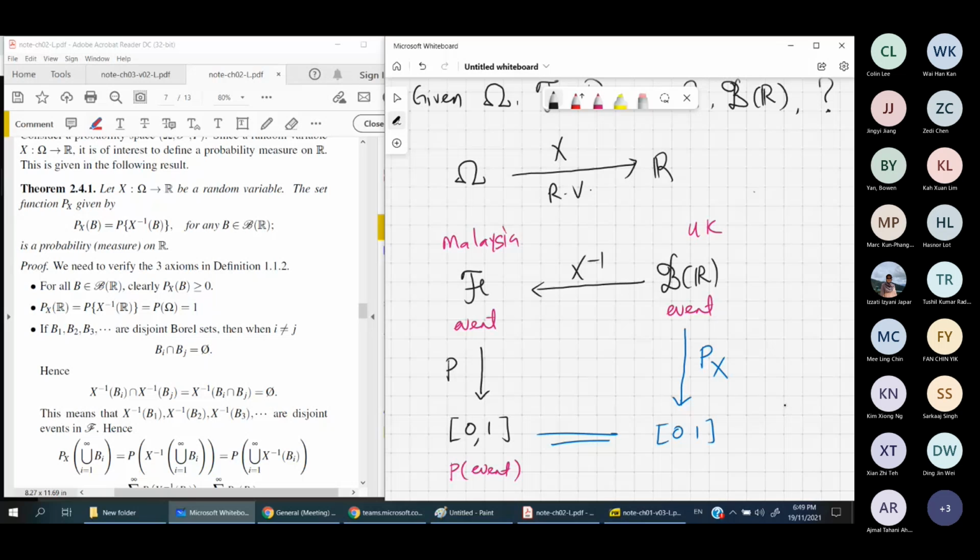So we have a relationship between a Borel set in R and events in this original sample space.